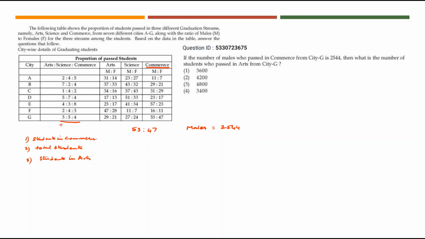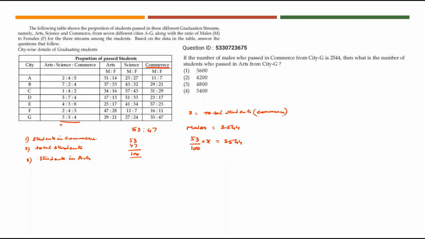The count of males is given as 2544. What is 53 plus 47? This gives 100. 53 by 100 into some x count is going to give 2544. Here x will be the total students in Commerce stream.